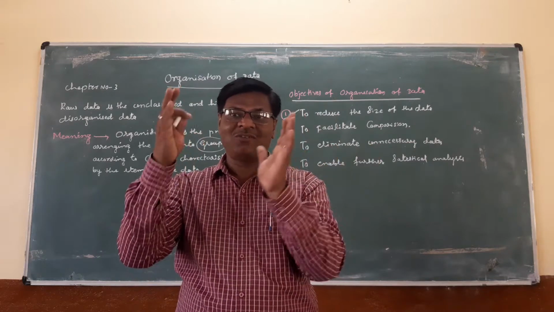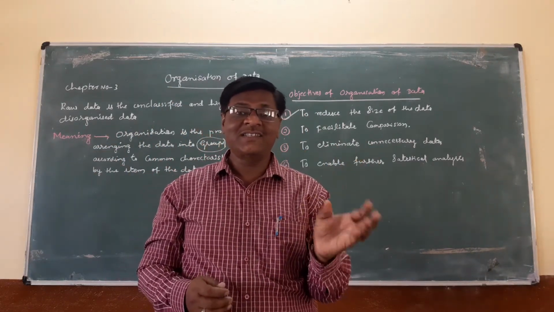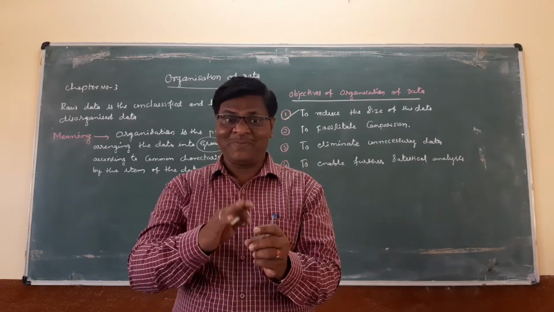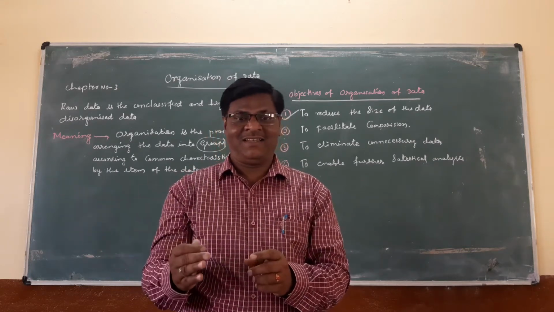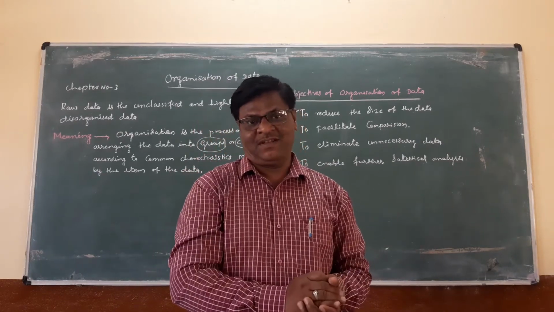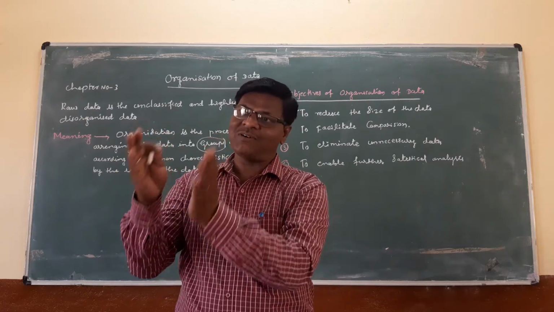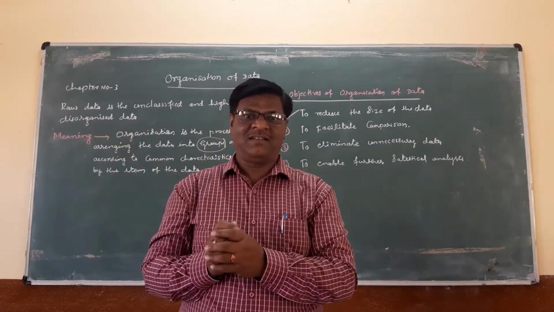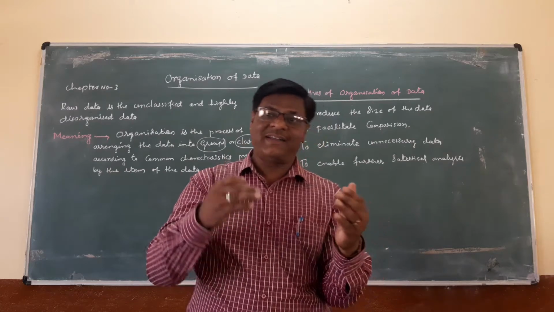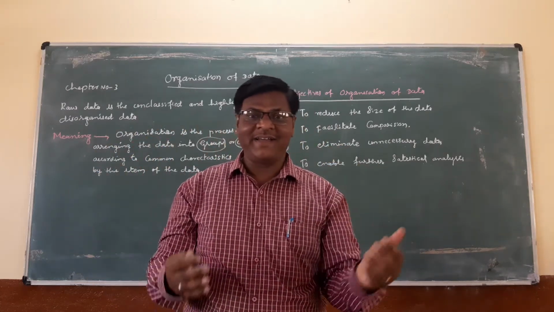When you draw a number of tables, organization of data helps to facilitate comparison. For example, given the income of different countries, we can compare India and America, India and Pakistan, India and China.